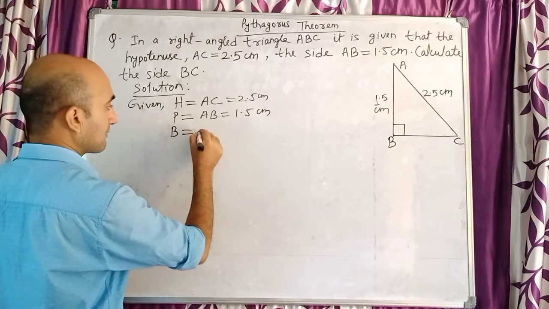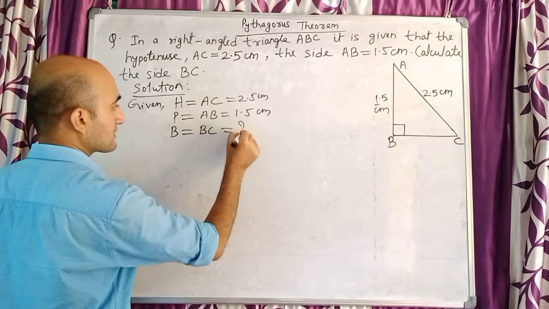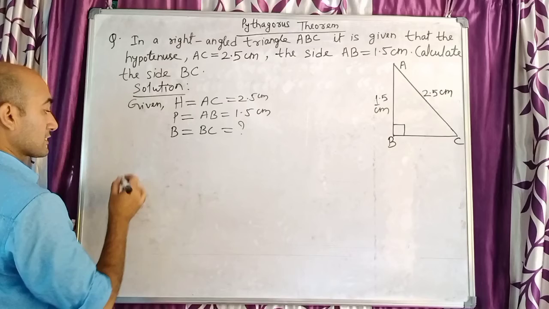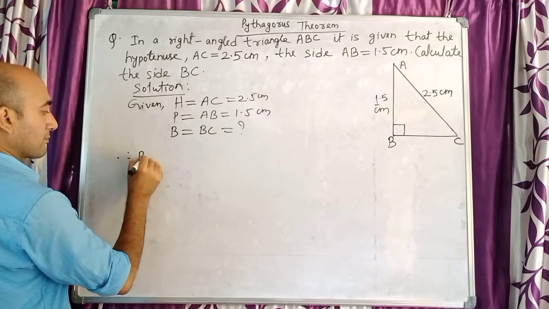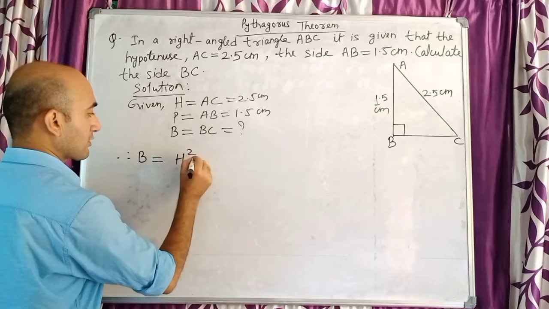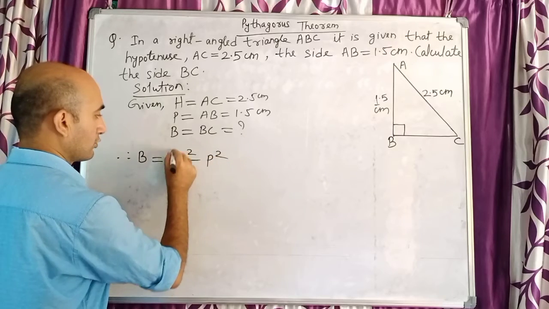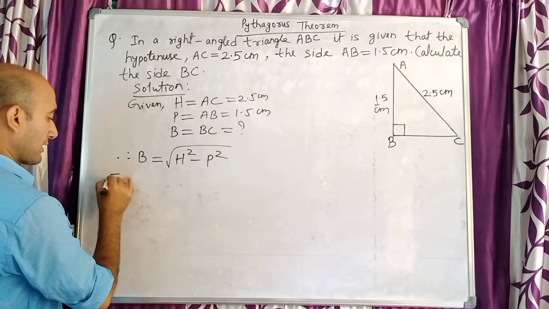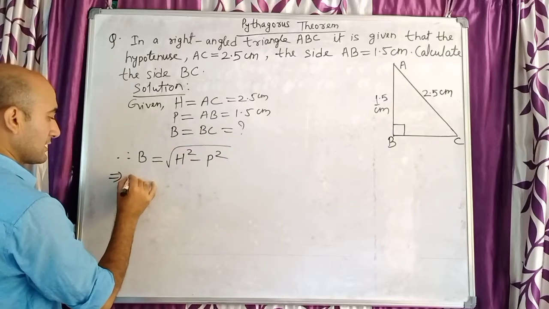And base is named as BC, which is unknown to us. It looks very good when you do this. Then therefore base equals number 3 formula, root over h square minus p square. This root over formula is basically used.